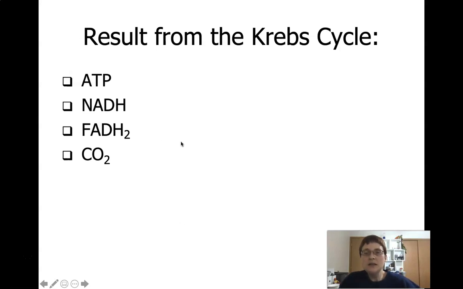So the Krebs cycle is pulling the last of the energy out of the pyruvate molecule that got converted, and it releases the last of the carbon. The next step, which we're going to talk about in the next video, is the electron transport chain. It's the last part, and again, remember, it's where we're going to make the most ATP.